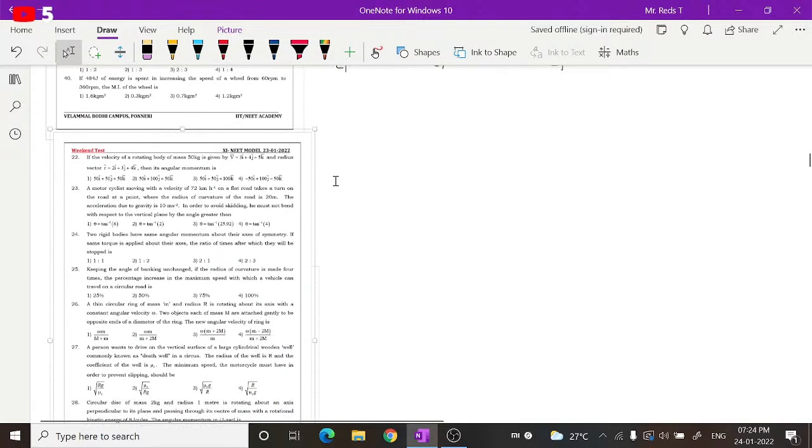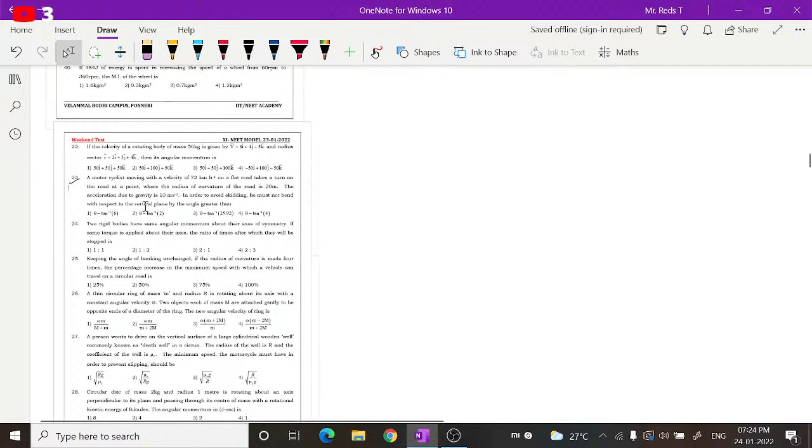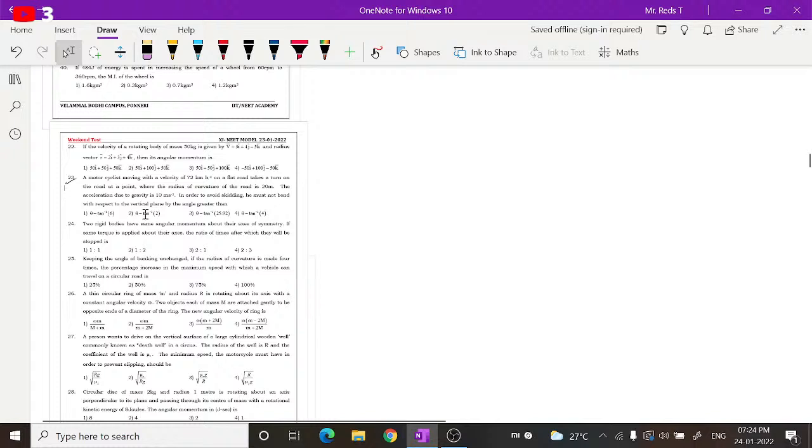Right. So question number 23. Now we want to go through this question. It is given that a motorcyclist moving with a velocity of 72 km per hour on a flat road takes a turn on the road at a point where the radius of curvature of the road is 20 meters.